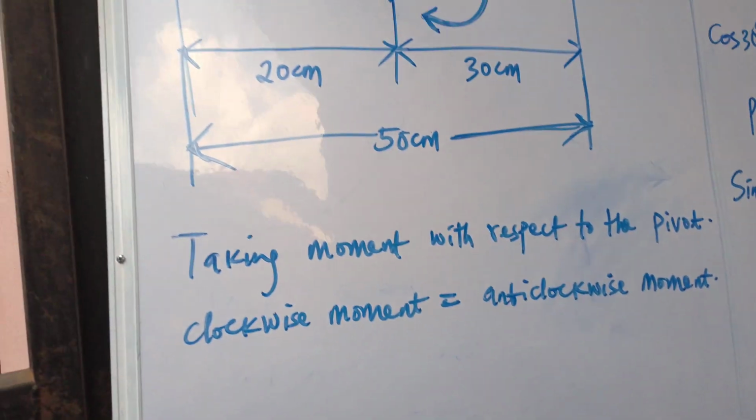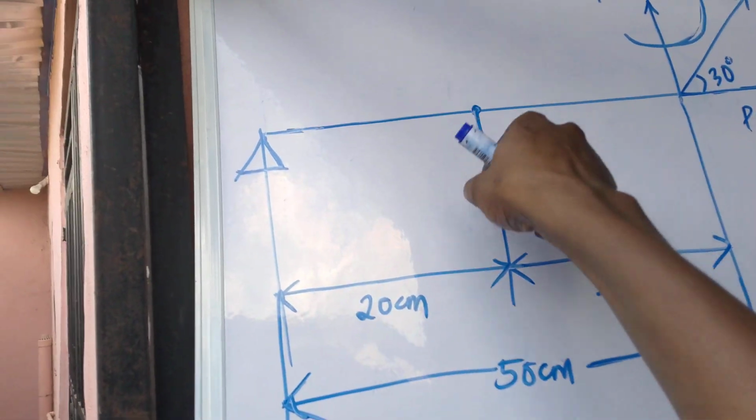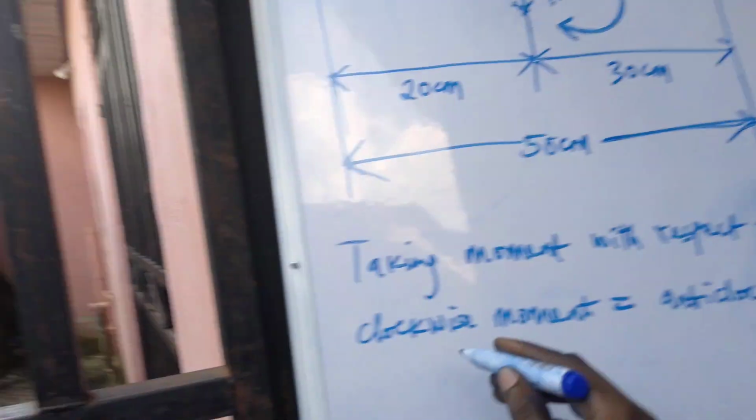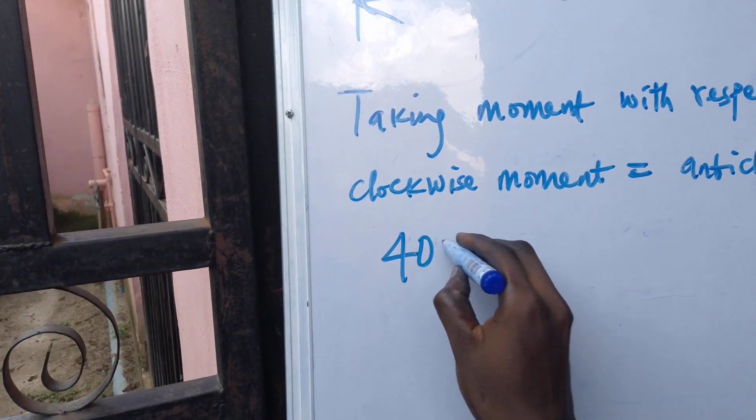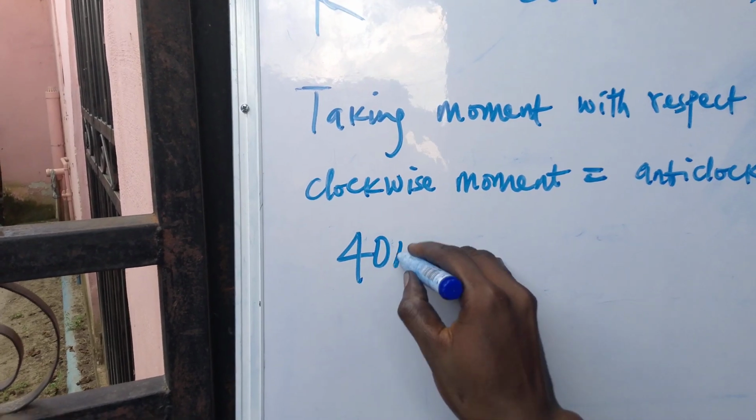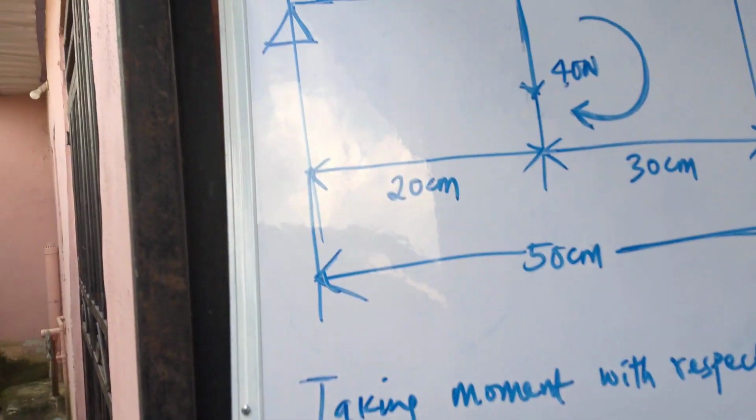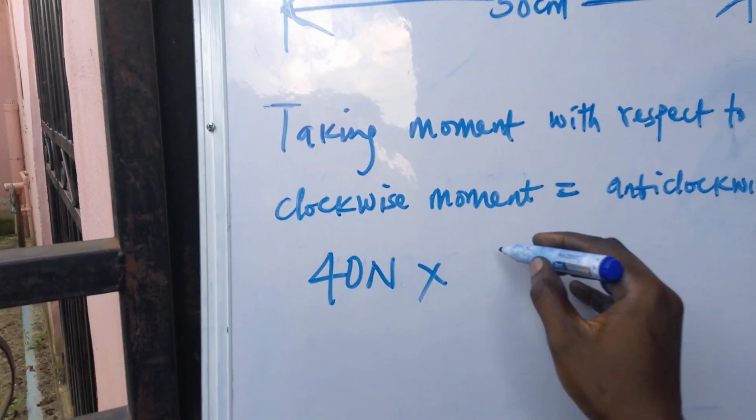The clockwise moment is the 40 Newton force times the perpendicular distance, which is 20 centimeter.